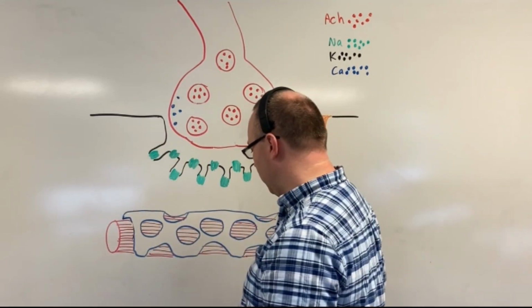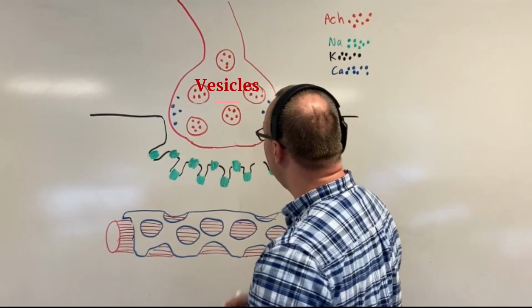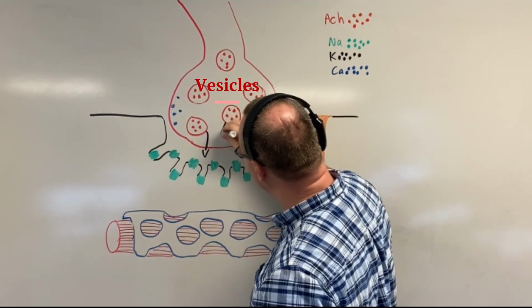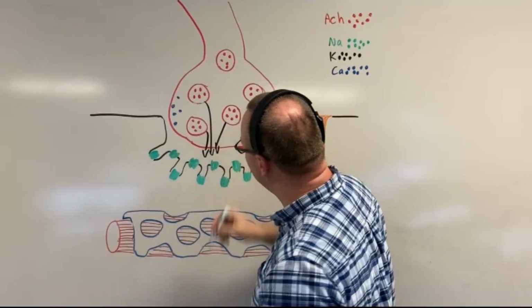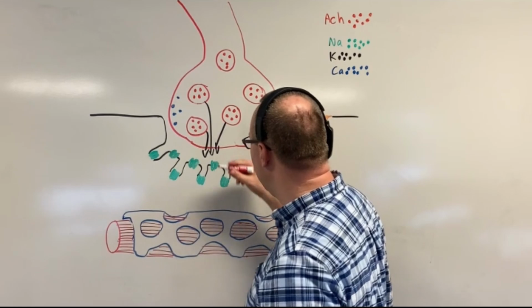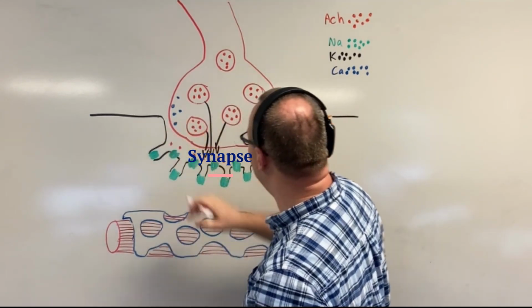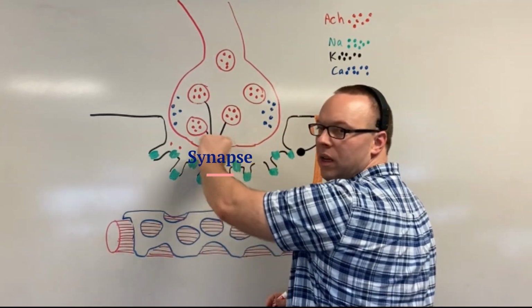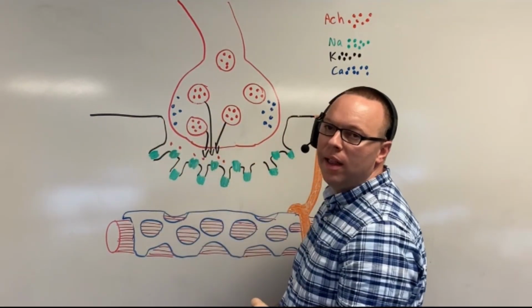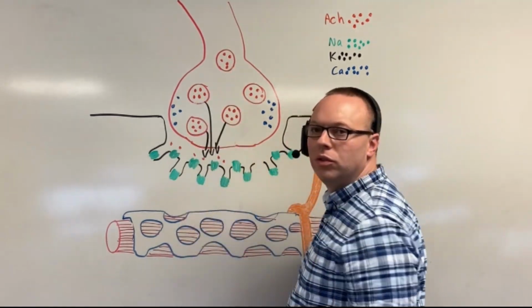All right, and so what that's going to do is stimulate these vesicles right here to dump their acetylcholine. And so now I'm dumping my acetylcholine, and it's going across the synapse. The synapse is this small little gap that separates the motor neuron and the muscle cell.